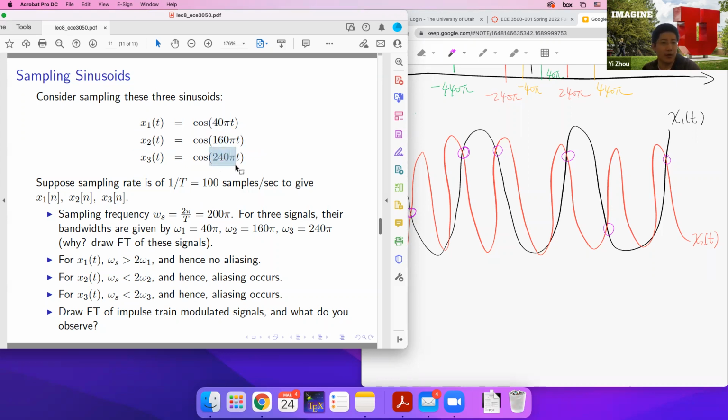And 240 pi subtract 200 pi is exactly 40 pi, which means if you query samples at this sampling frequency of 200 pi, all these three signals will touch with each other. They will intersect with each other. They have the same values at those discrete points. So it's kind of a magic number for these three signals.